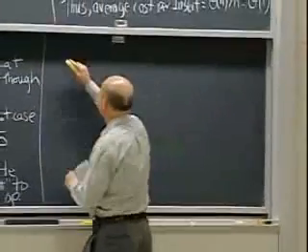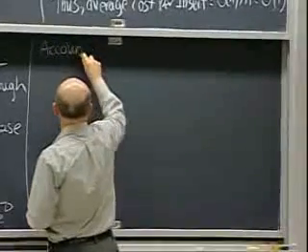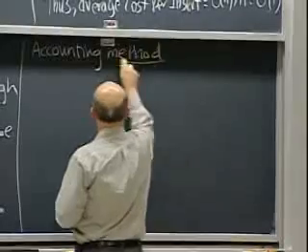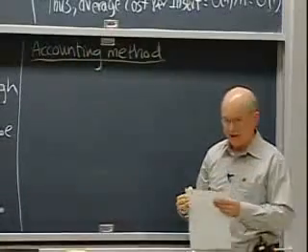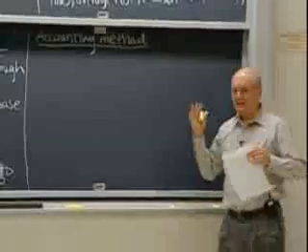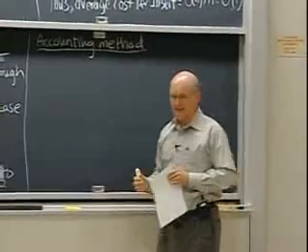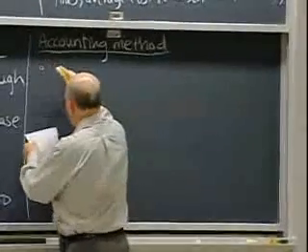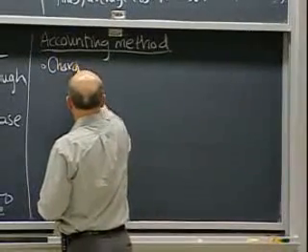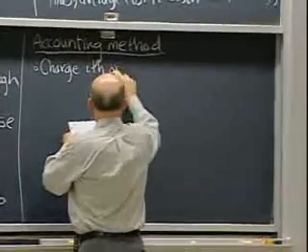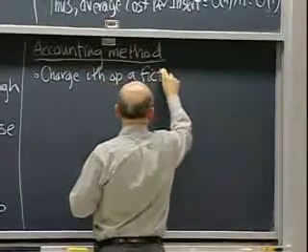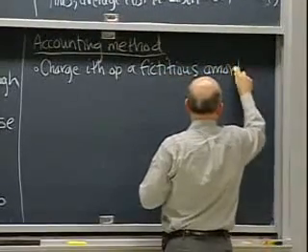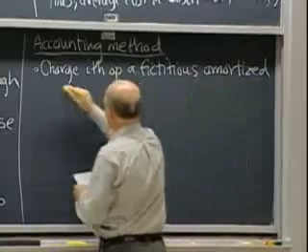Okay, so the accounting method is putting yourself in the position of a financial accountant. What we're going to do is charge the ith operation a fictitious amortized cost.